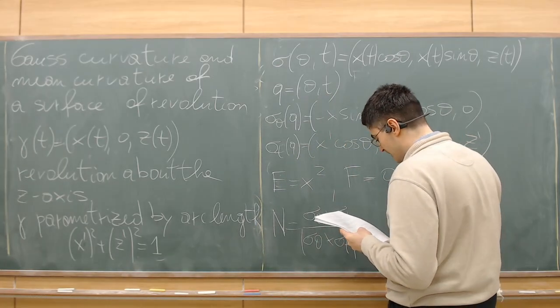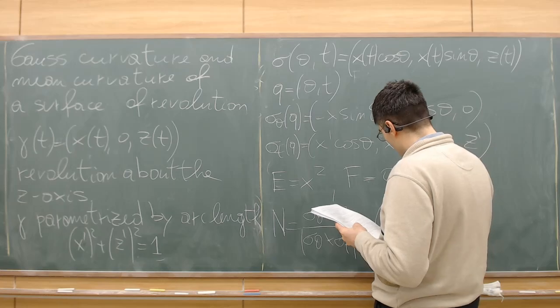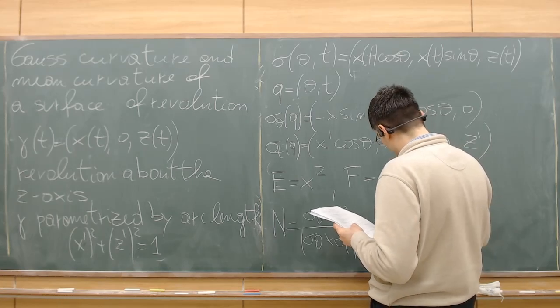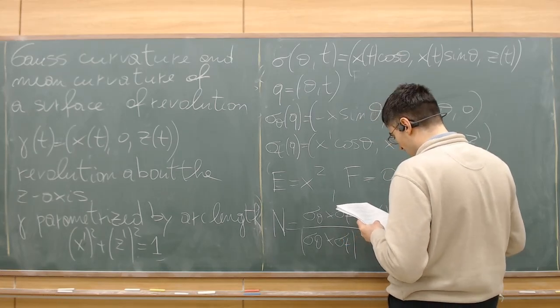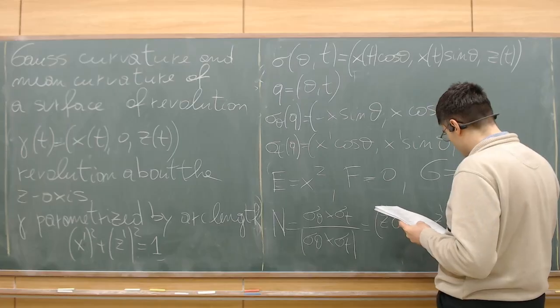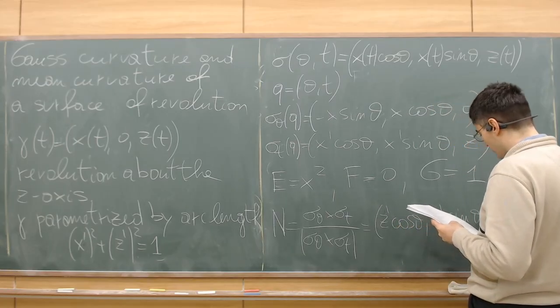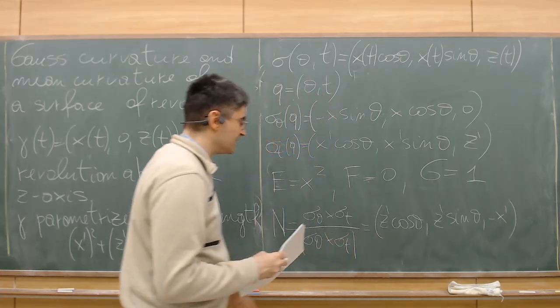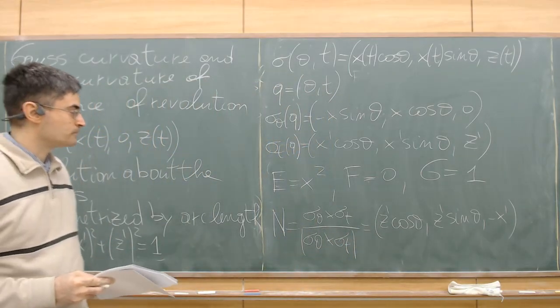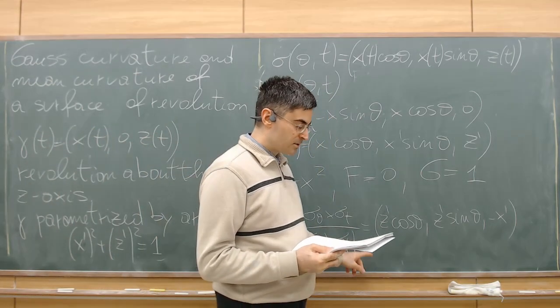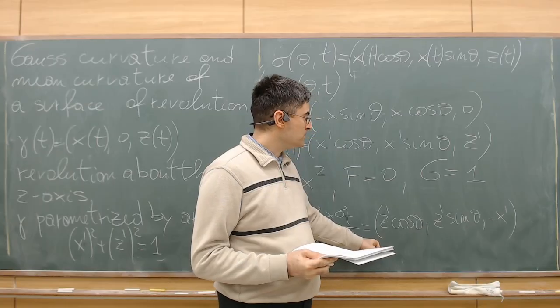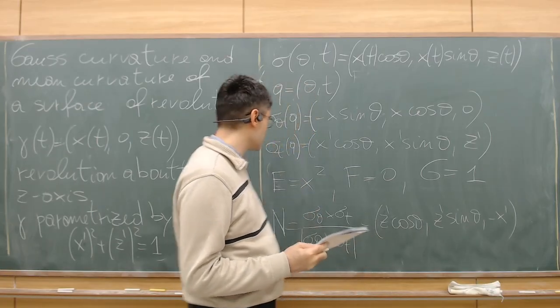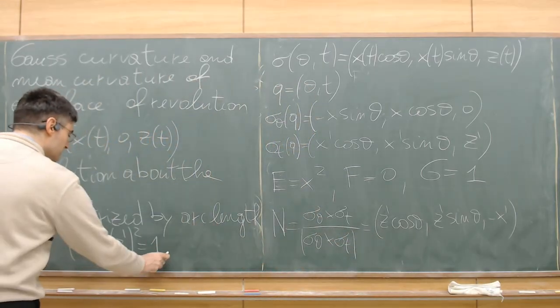This is given by z prime cosine of theta, z prime sine of theta, minus x prime. Please observe that this formula is relatively simple because of this hypothesis.